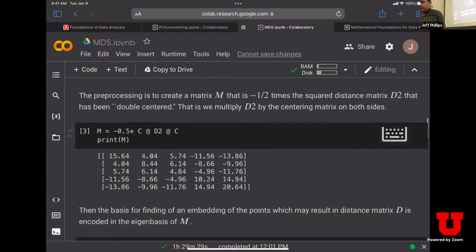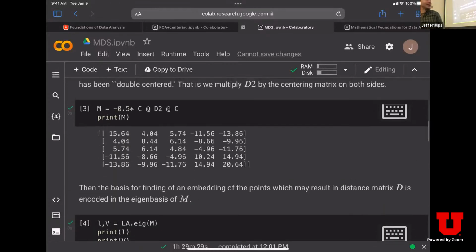So then I do this magical double centering step and I get M, and things that are more similar are kind of larger values, but it's kind of hard to tell, right? It's kind of a weird thing.